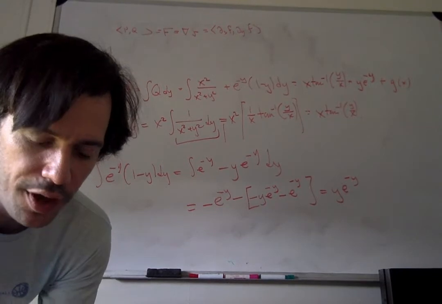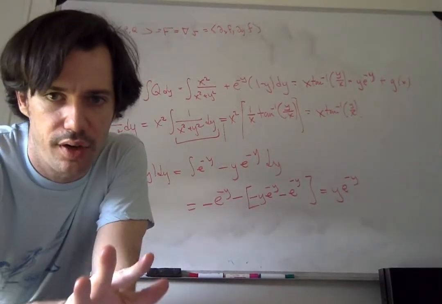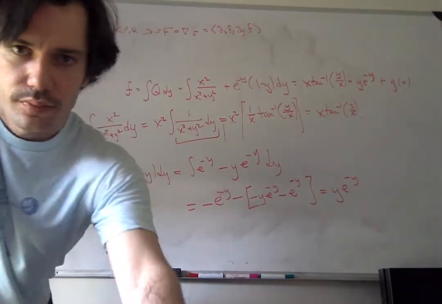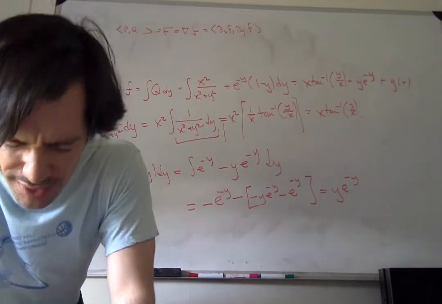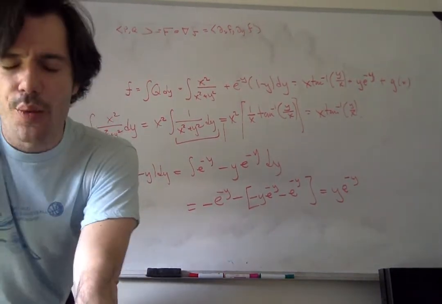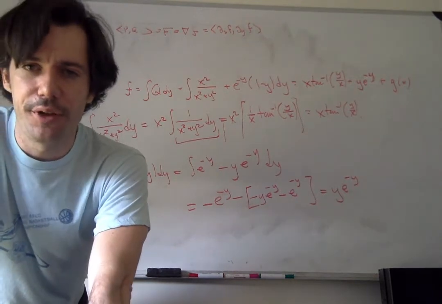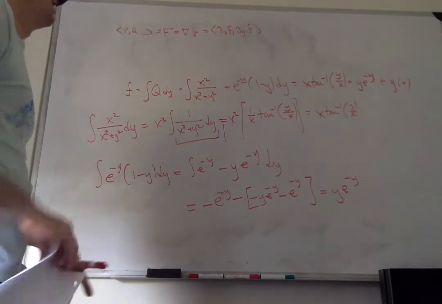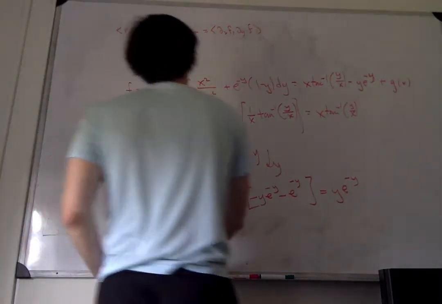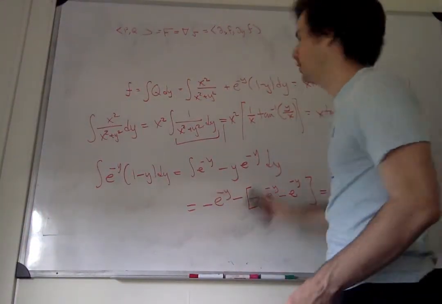Again, we don't know, but we're saying it might exist. There might be some g. Okay, and why are we doing all this? We're doing it because at the end, we can apply the fundamental theorem of line integrals. Whew. Okay. This stuff is exhausting.